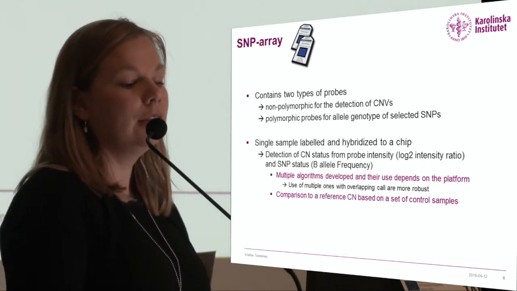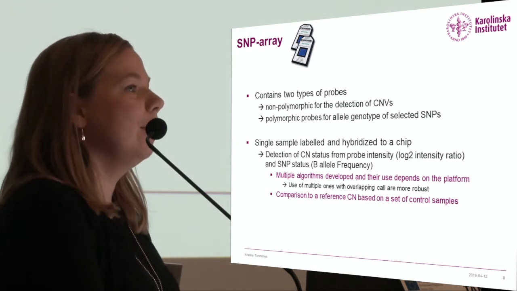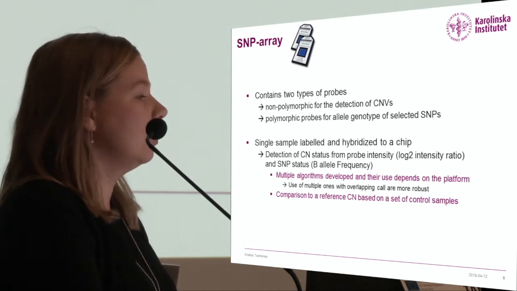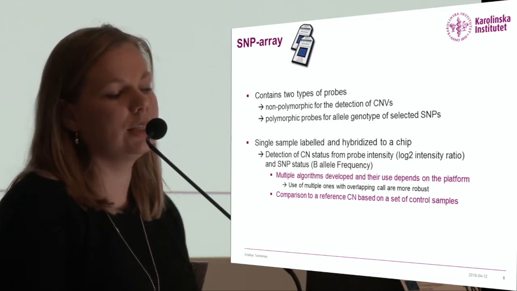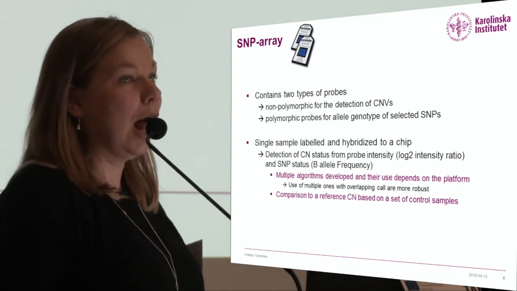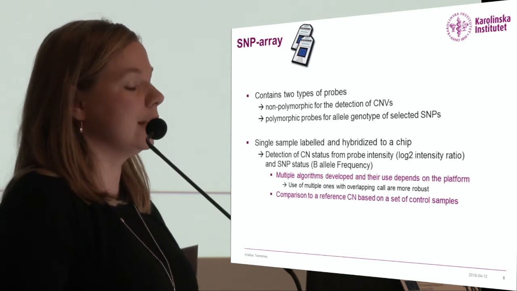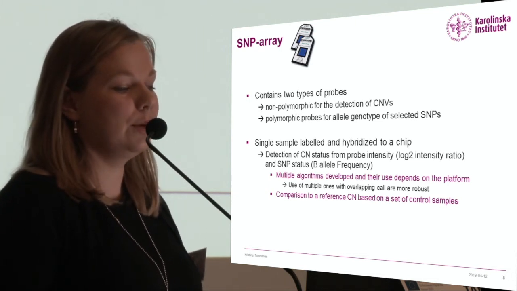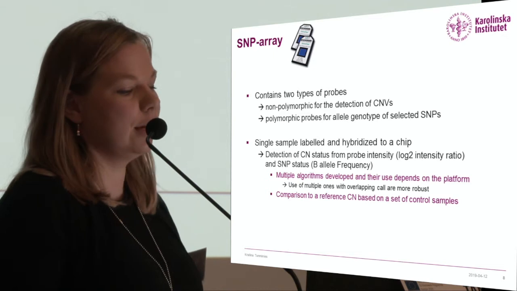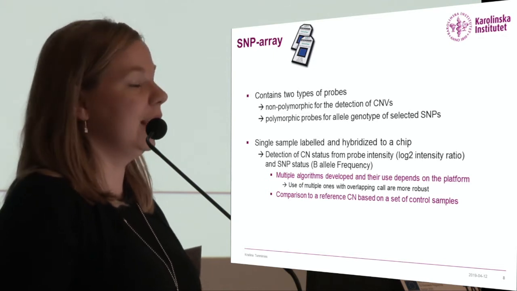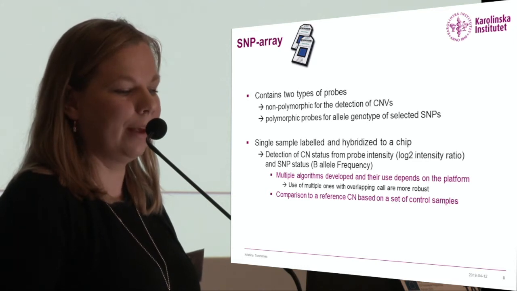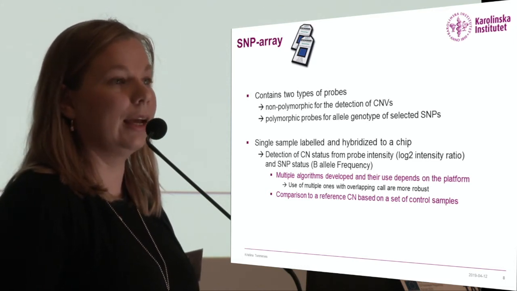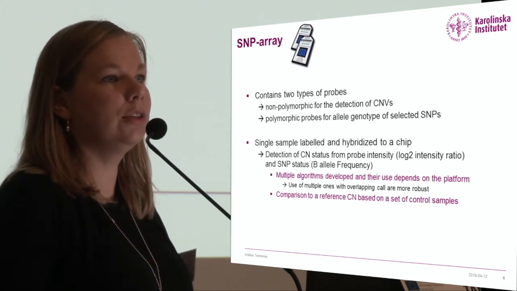You can use both of that information to get the CNV status of the individual. For these, depending on the platform, it could be Illumina, it could be Affymetrix, or some other ones, there are multiple algorithms for how you process this data. For the intensity, what we also call the log2 intensity ratio, and also the B allele frequencies, based on these two pieces of information you can get the CNV calls.